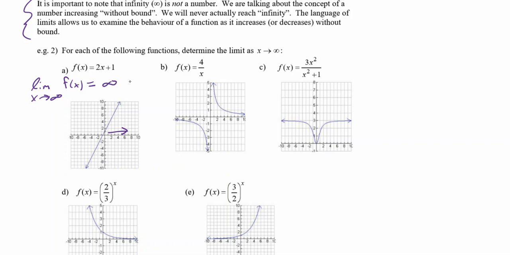And others would say, actually, it does not exist. And technically, it just doesn't exist. But it's useful for us to say it's approaching infinity because we can see it's approaching infinity. So when you do your My Open Math questions, you'll see that the answer would accept either: does not exist or infinity.